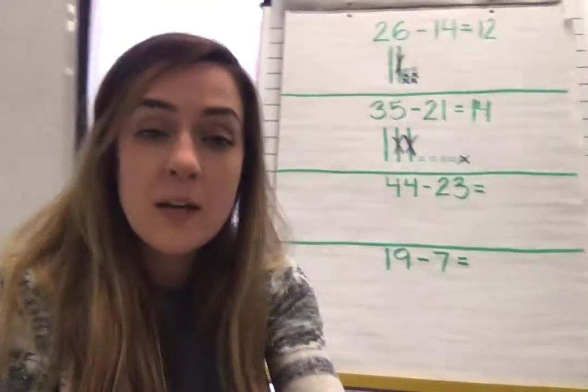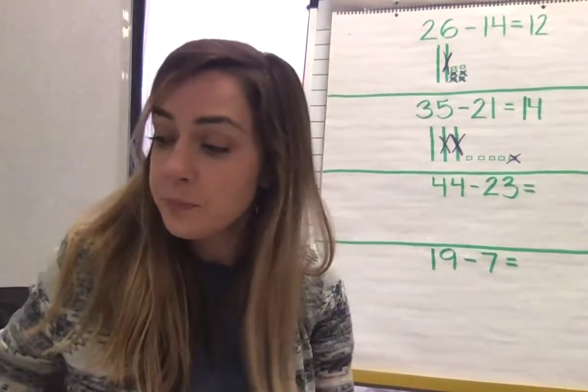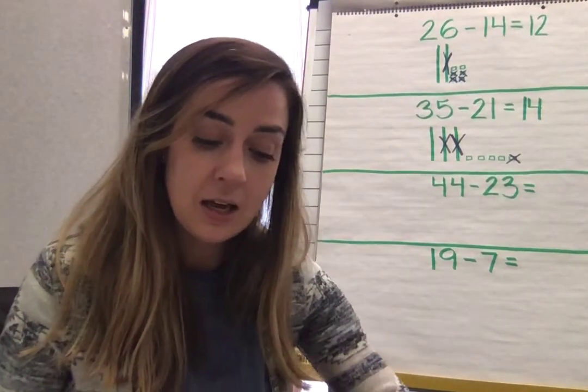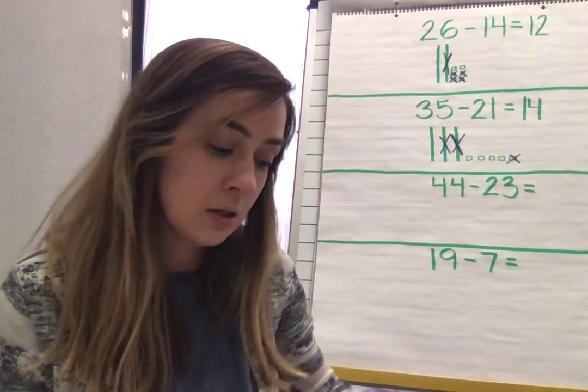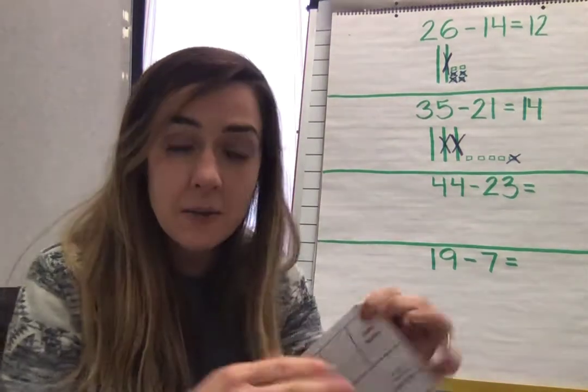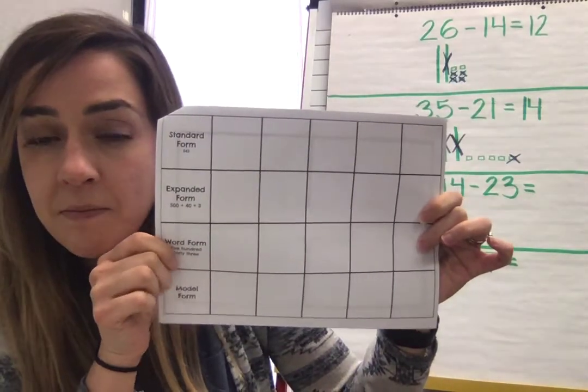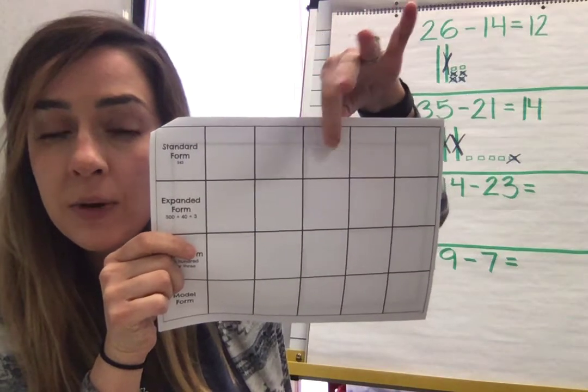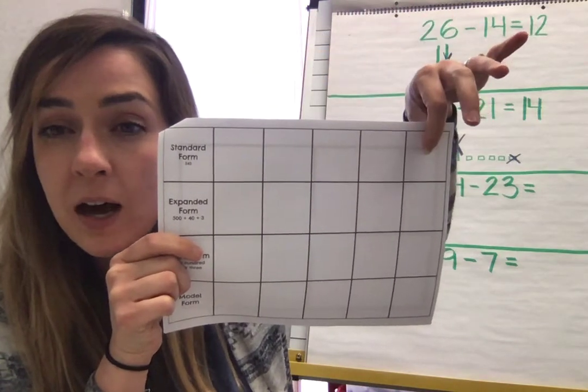Now, once you are done with that and you have shown your work, the choice board choice that I want you to make in your packet, I want you to turn to one of the pages that looks like this. Okay? And there are 1, 2, 3, 4, 5 columns.